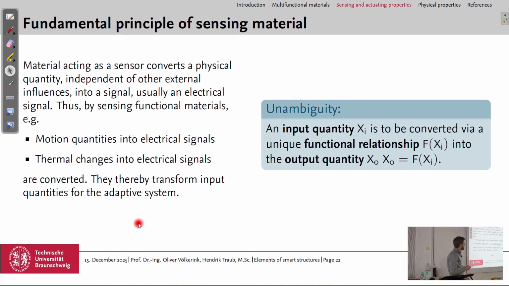What we would like to have is an input quantity xi, which is converted via a unique functional relationship into the output quantity x0. It should be only one x0, but you can cross that out later on.